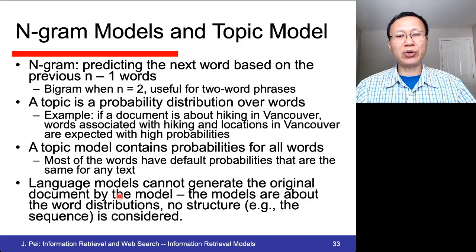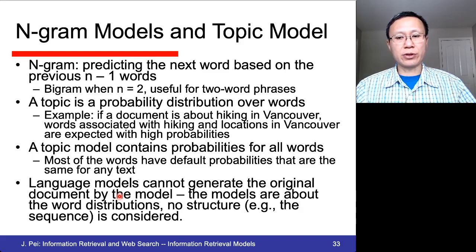Therefore, we can use the distribution of certain words to represent a topic. Then, a topic model contains probabilities for all the words. Most of the words will have the default probabilities that are the same for any text, but some words highlighting the topic will have substantially higher or substantially distinguishing probability.